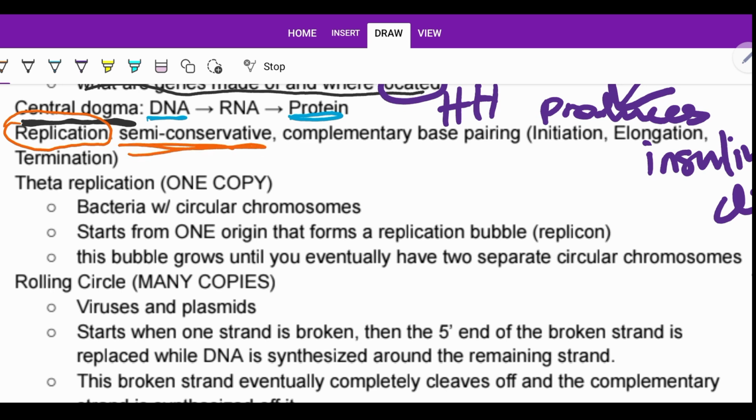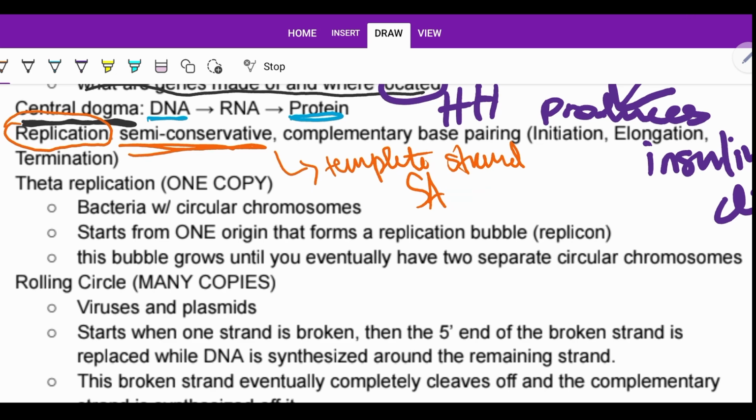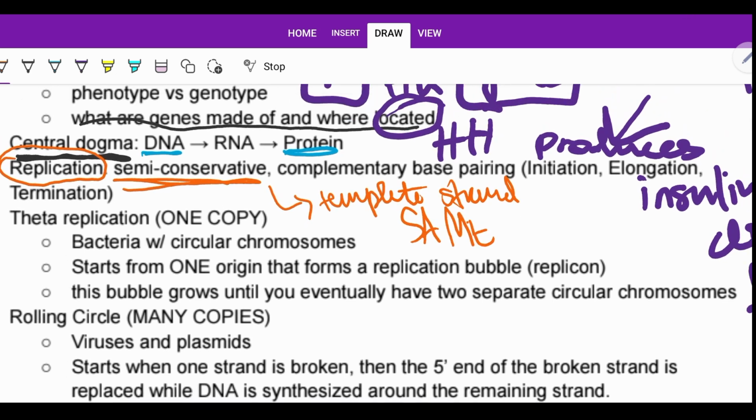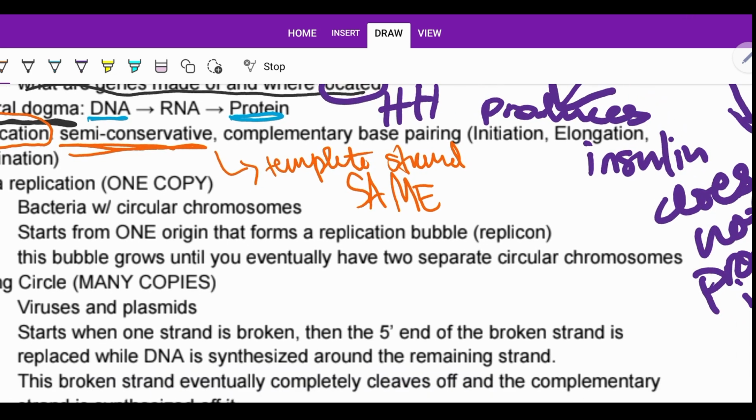This is important because that means that the template strand stays the same, but then a new strand is created.